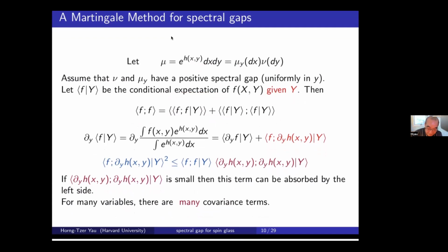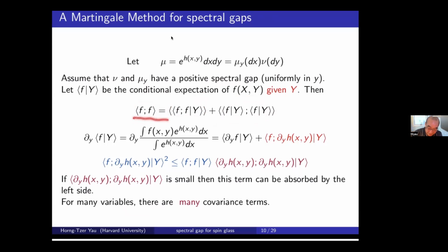A similar identity also holds for the entropy, for log-Sobolev inequality, but it's easier to explain in the spectral gap setting. To compute the variance of a function f, you first condition on y, compute the variance in x given y, and then take expectation. The other term is that you integrate over x, look at the marginal of y, and compute the variance in y with respect to the marginal of y.